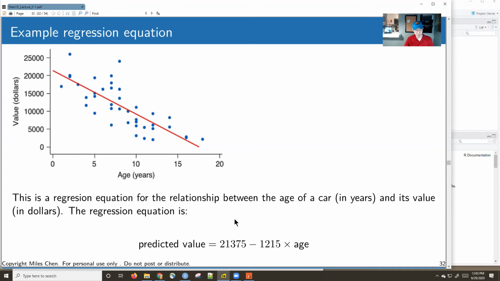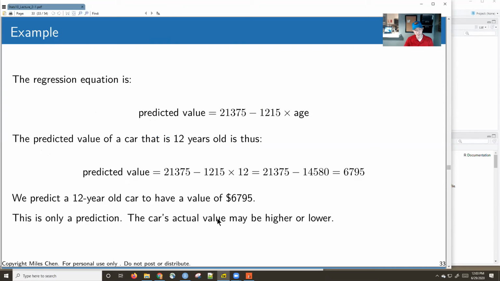And so here, this is kind of what the predicted value equation, the linear equation, might be. We might say the predicted value is equal to 21,375 minus 1,215 times age. Age is measured in years, and the value is measured in dollars. If we wanted to use this to make a prediction, let's predict how much a 12-year-old car is worth.